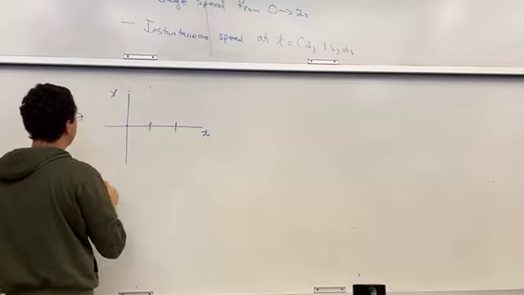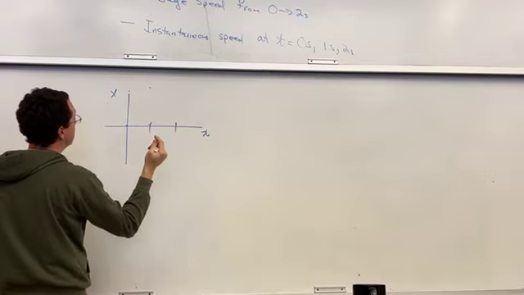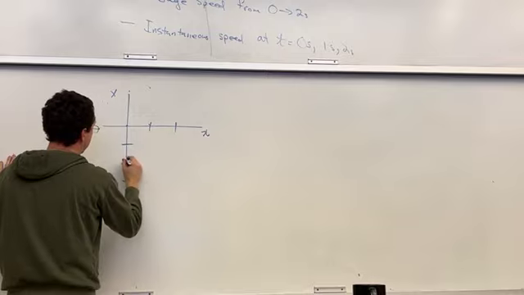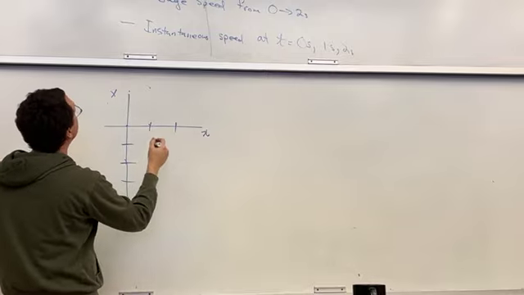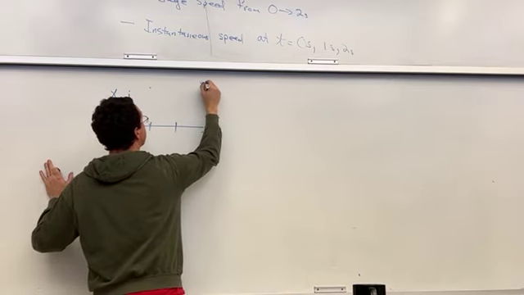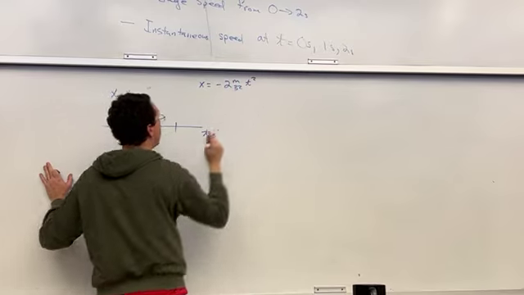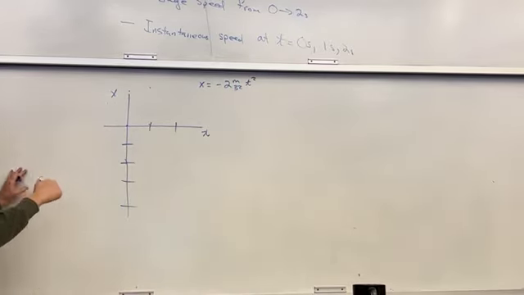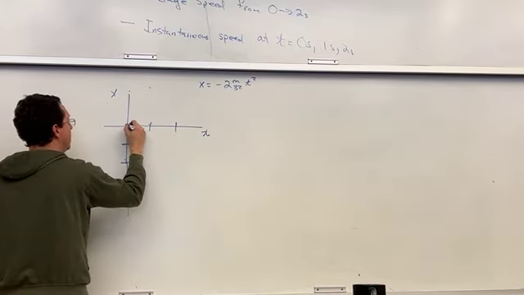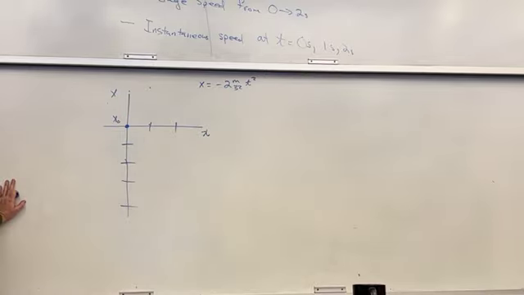This is x. At time 0, I plug in t equals 0, and my equation, I'll write it here so it's on the screen, was x equals minus 2 meters per second squared times t squared. So if I plug in time equals 0, I just get 0. And I see that the initial height, x0, is 0.